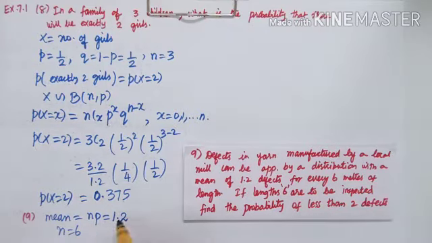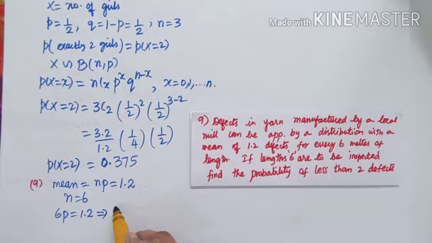So with this, I can find out what is p. 6p equals 1.2 implies p is equal to 1.2 by 6, that is p is 0.2. So what is q? That is 1 minus p, so it is 0.8.